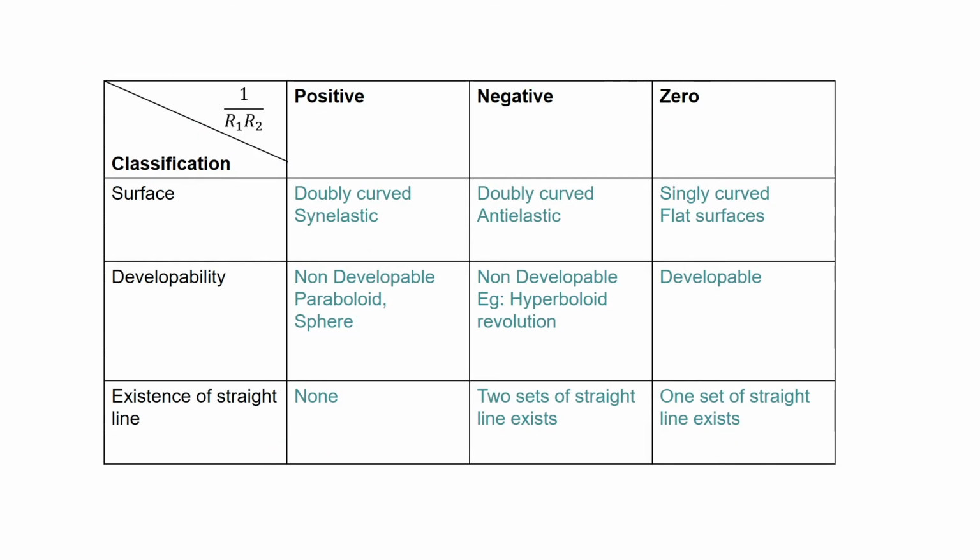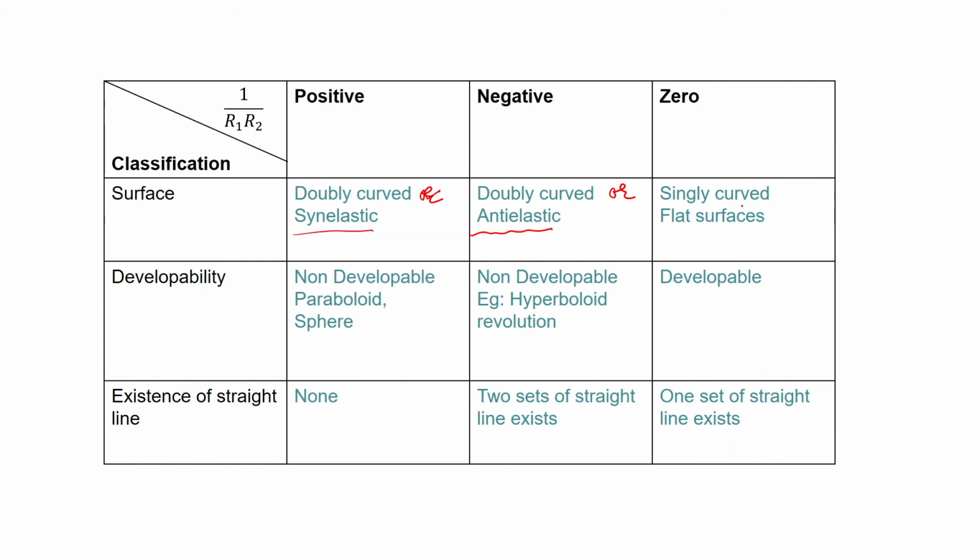So, in table form we have classified based on surface, developability, existence of straight lines, and Gaussian curvature: positive, negative and zero. A surface which has positive Gaussian curvature is doubly curved and is known as a synclastic surface. In the same way, if it has negative Gaussian curvature, it is also doubly curved, but these are known as anticlastic.